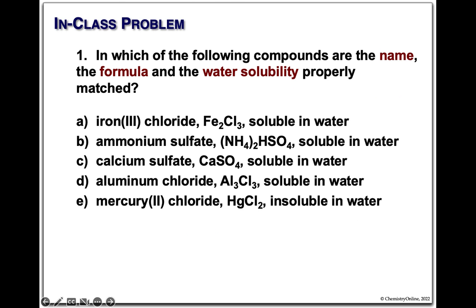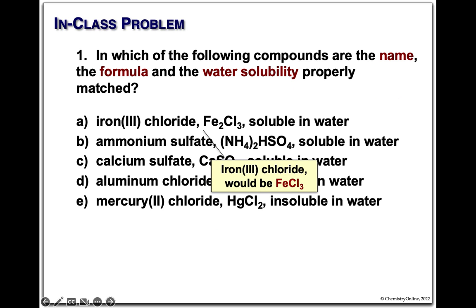In which of the following are the name, formula, and solubility properly matched? Iron(III) chloride. Well, iron is obviously +3. Chloride, we remember, is -1. That is not right. This would be 6 positives, 3 negatives, doesn't work.